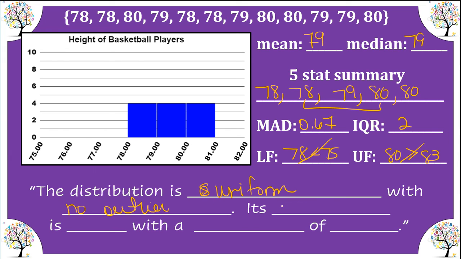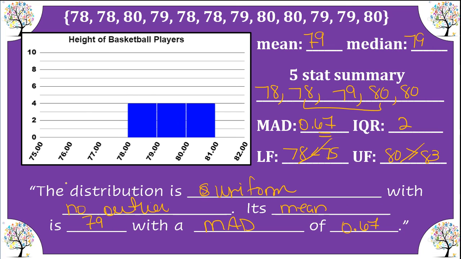Therefore, we're going to use the mean, which is 79, but it's the same as the median, and we're going to use the MAD. So we can see that each data point was on average 0.67 units away from the mean. So this data is very close together.